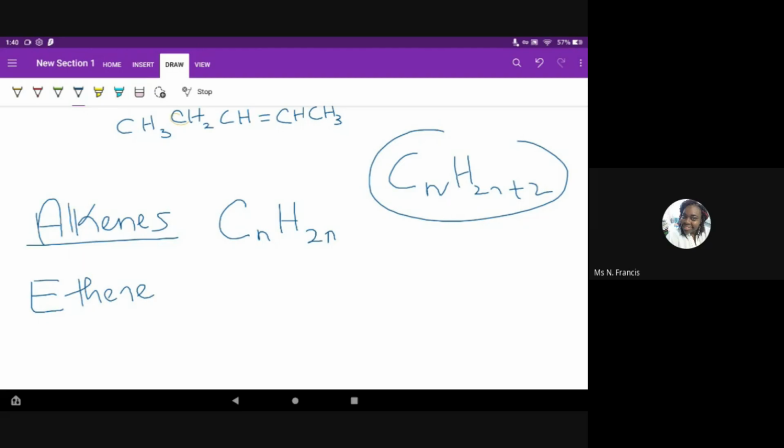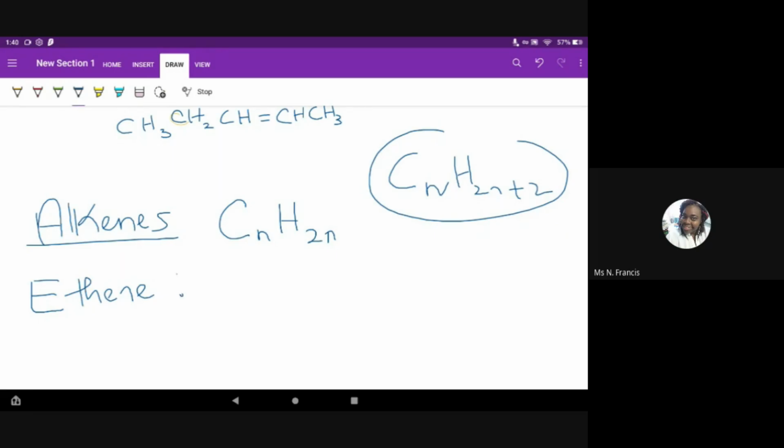The prefix meth means 1 carbon. Now, if I have a single carbon, how do I get my double bond? I cannot. And so for alkenes, the prefix meth does not exist because I have to start with a minimum of 2. So we're going to start with the simplest of them, which is ethene.